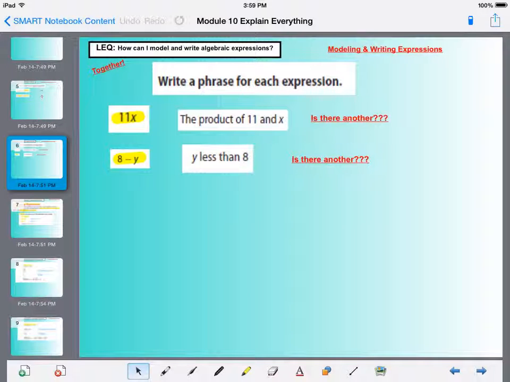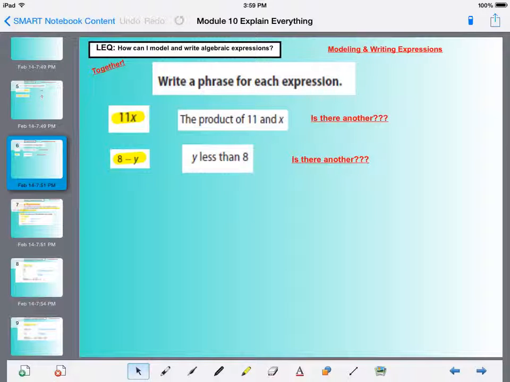Some more examples: if I have a phrase like the product of 11 and x, the expression for that would be 11 times x. There are also some other ways that we can say that. We can say 11 groups of x or 11 times x.